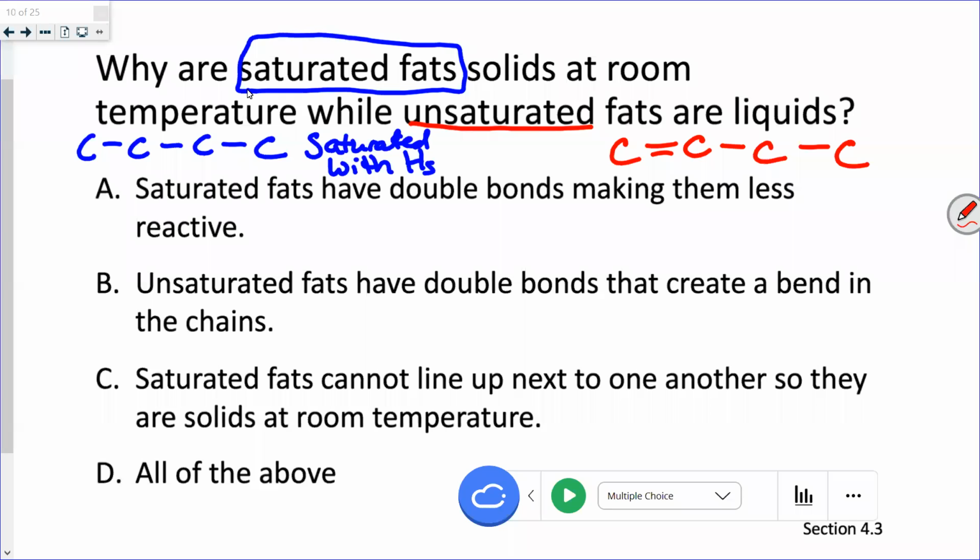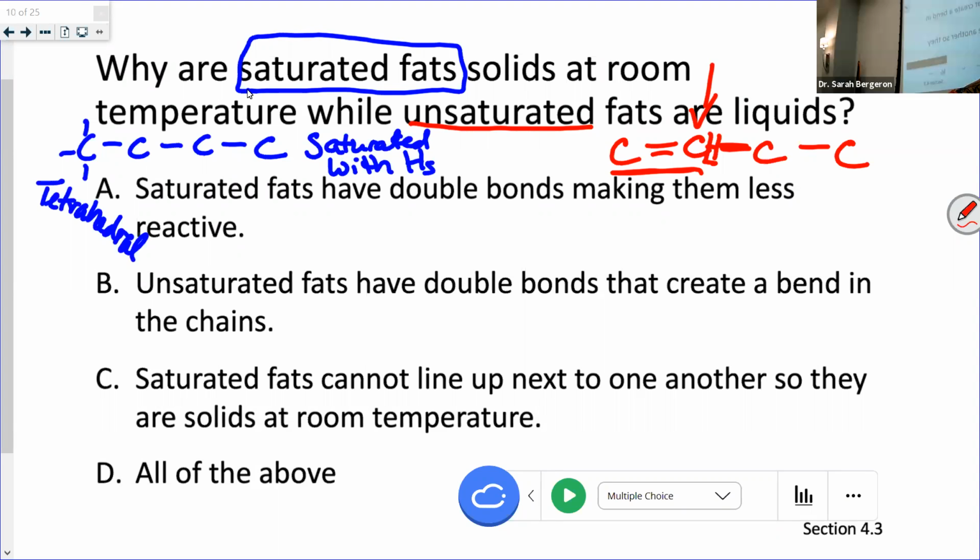So how many things are attached to that carbon? This is 3 things, and what shape? Trigonal planar, right? We only have 3 things attached.